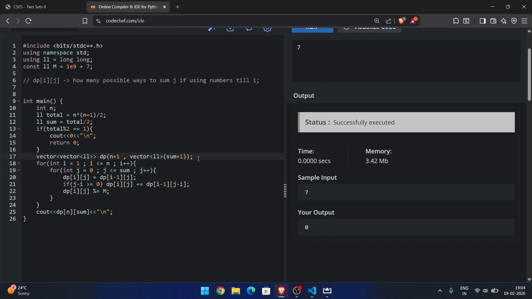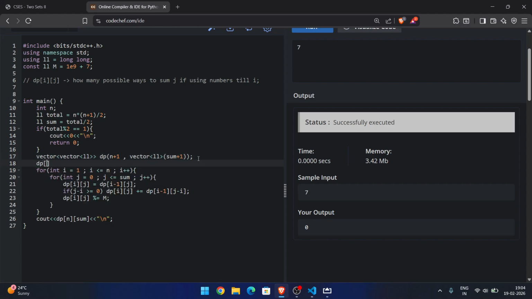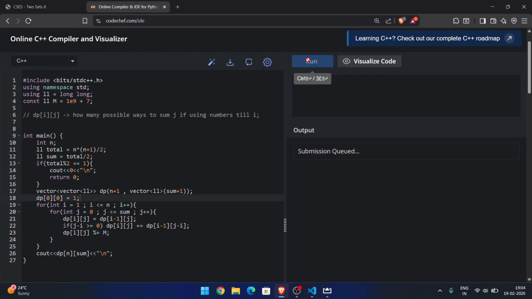Oh yes, my mistake. We didn't define our base case. That would be dp of 0 comma 0 is 1. We can get 0 in one way.